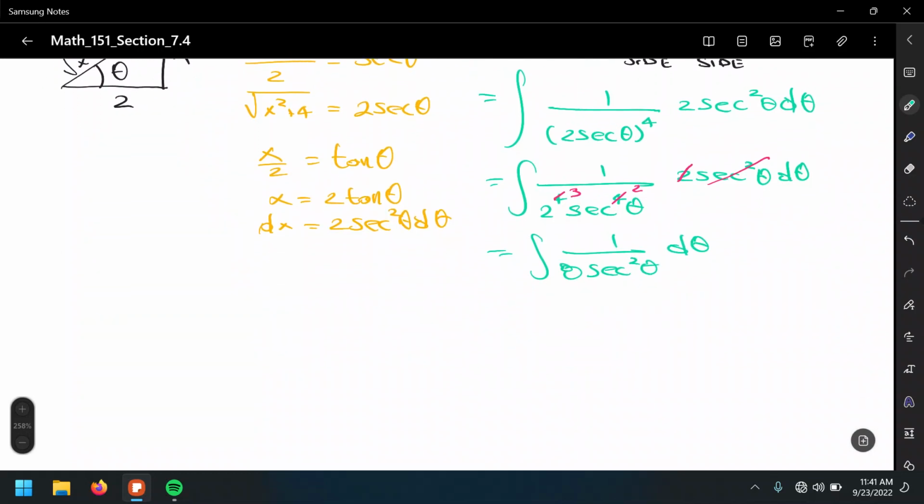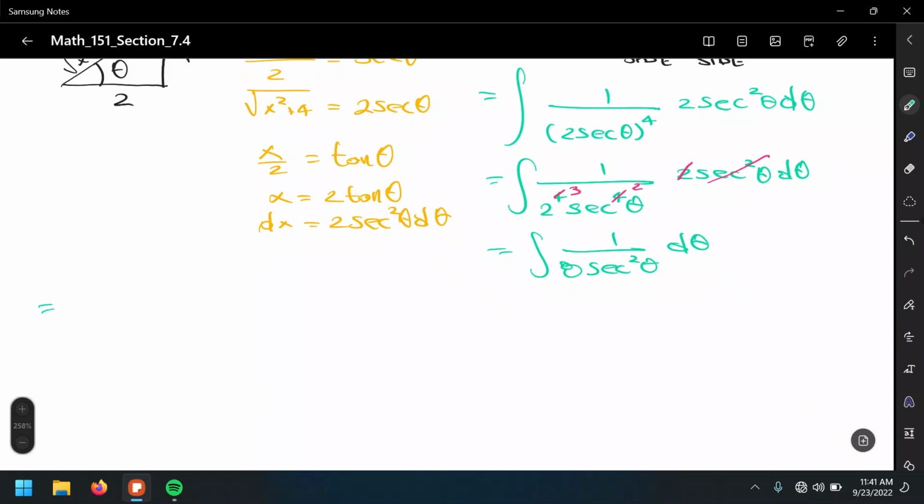Alright, so this is, okay, with this 8, you might want to take it out of the integral as 1/8. And can we integrate secant squared while it's in the denominator? If it were in the numerator, we would have gone all the way to tangent in one step, alright?